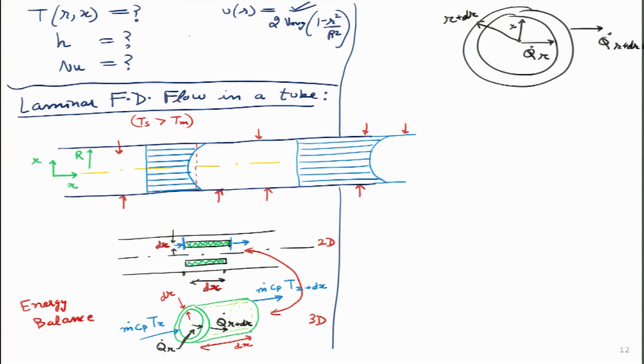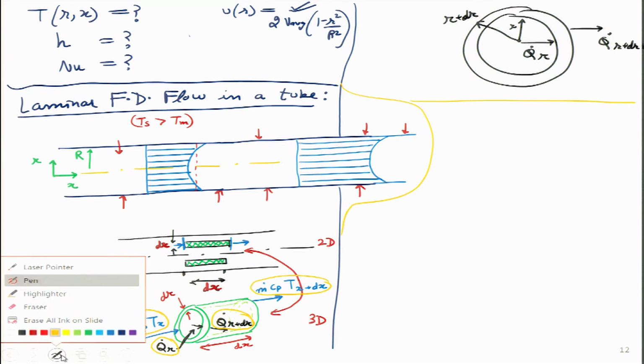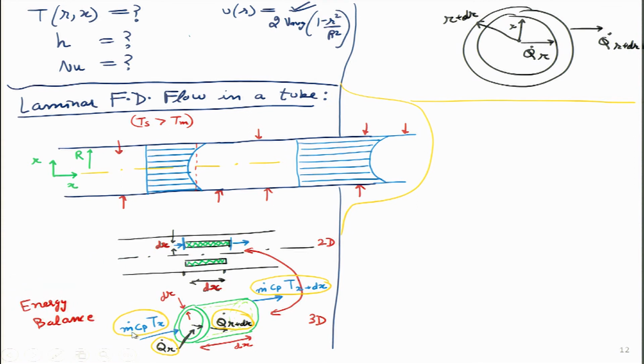Now I have these four terms available with me, and let me circle them. The first term is this energy term, the second term is this one, the third term is this q dot r and r plus dr, and the fourth term is over here, which means whatever is entering my cylinder in terms of heat must be leaving the cylinder, which means I can write what are the terms which are entering it: m dot Cp Tx and q dot r.